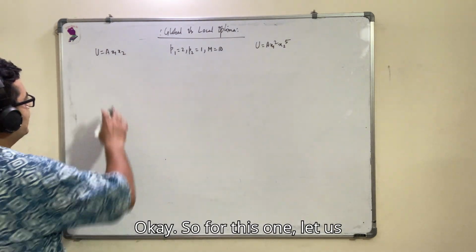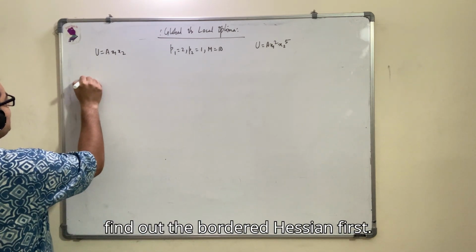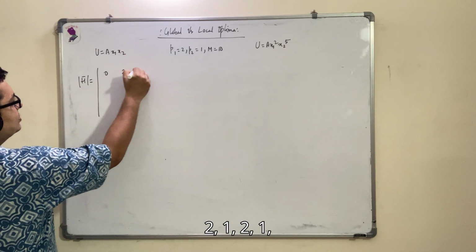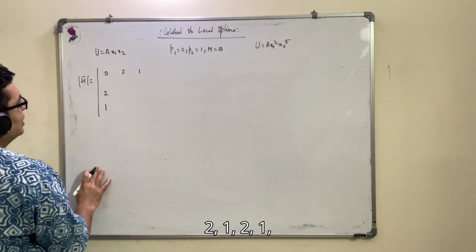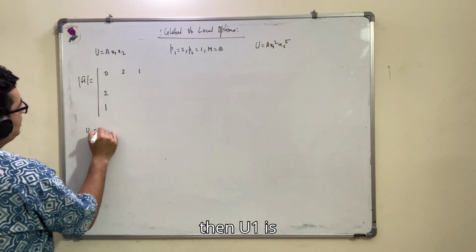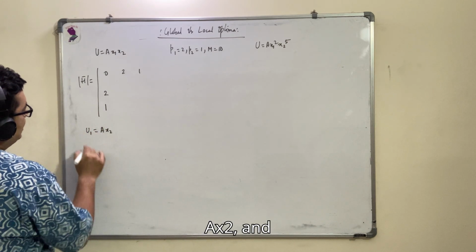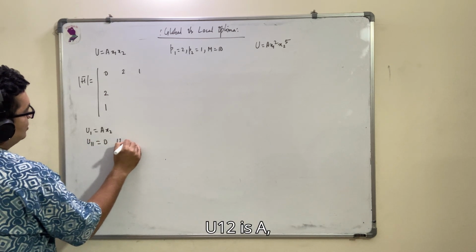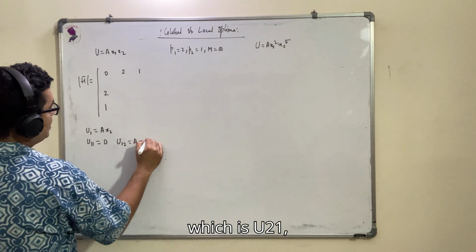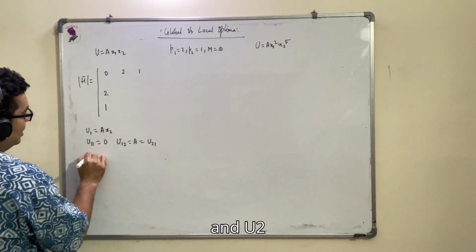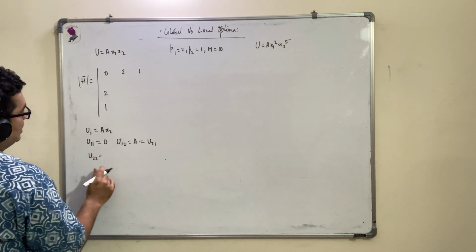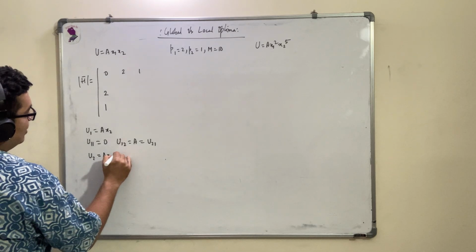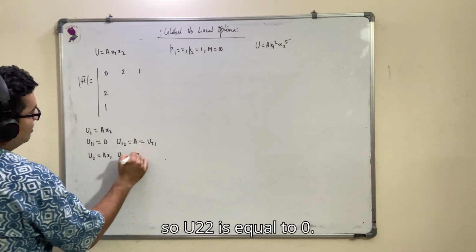Okay, so for this one, let us find out the border Hessian first. That will be, it is too easy. So 0, 2, 1, 2, 1. Then U1 is A x2 and U11 is 0. U12 is A, which is U21, and U2 is equal to A x1, so U22 is equal to 0.